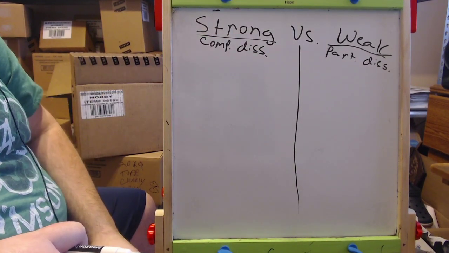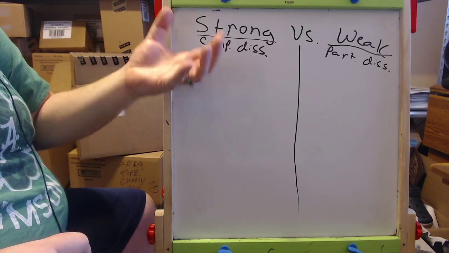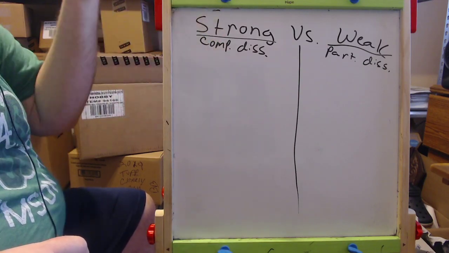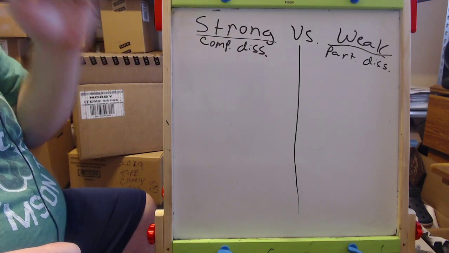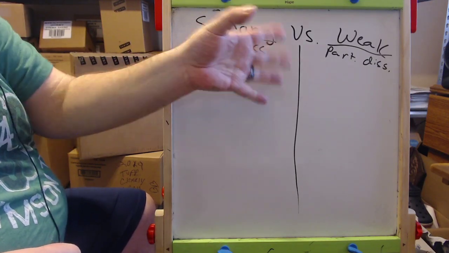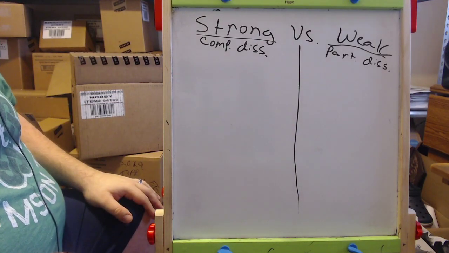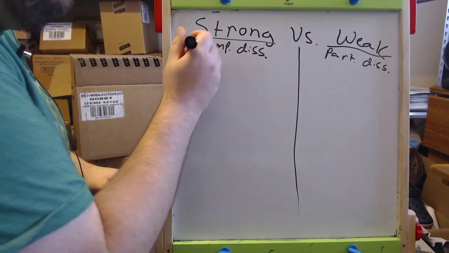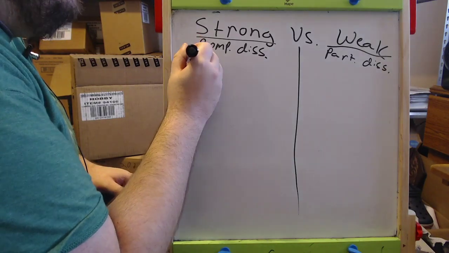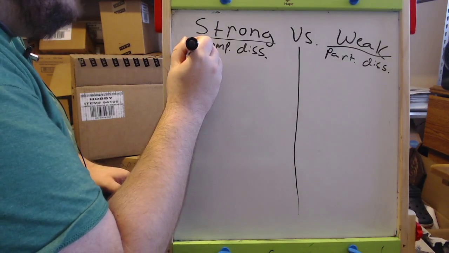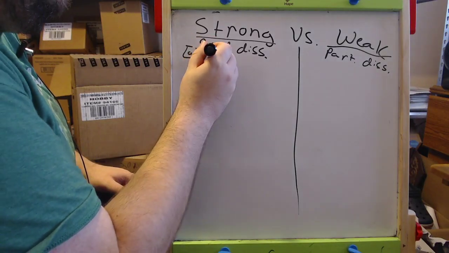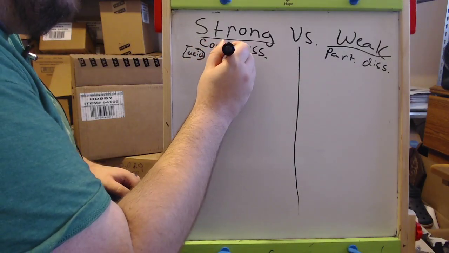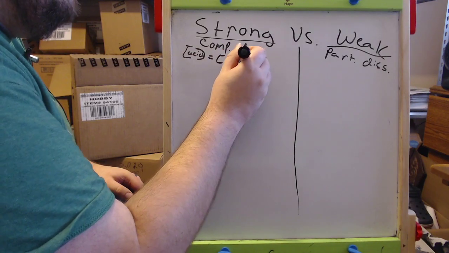Whatever the concentration of the strong acid is, since it completely dissociates, I'm going to get out that much hydronium. So for a strong acid, the concentration of the acid is equal to the concentration of hydronium that'll be made.